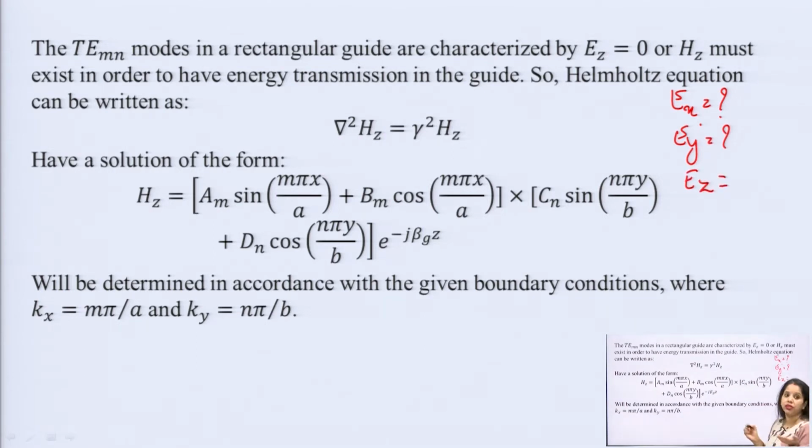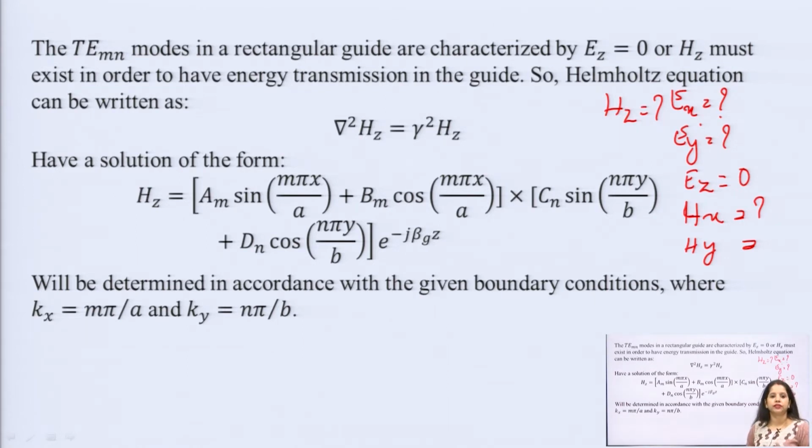Of course, we know the value of Ez here. For the TE mode, it is equal to 0. And what is the value of Hx, Hy, and Hz? So, in roundup, we are going to calculate the 6 components of the electric and the magnetic field in the TE mode, where Ez equals 0.